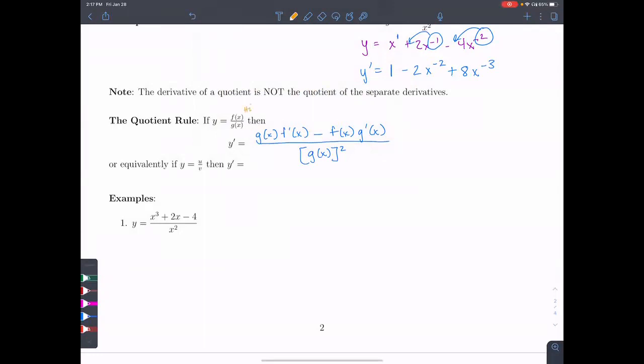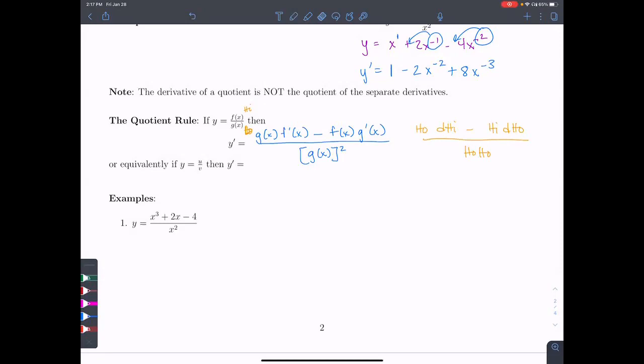So again, I call this high and this ho. Some people call it low, which makes sense here for this quotient. So low d high minus high d low over low low, or ho ho, which is how I learned it.